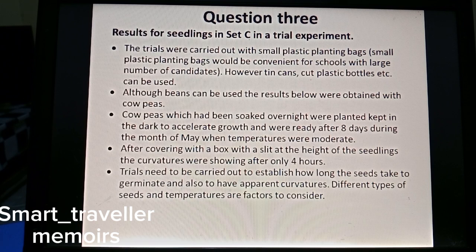And therefore, teachers are advised to time when they are doing the examination so that they can get the correct seedlings required for this examination.